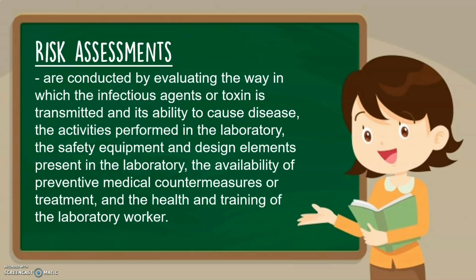Risk assessment are conducted by evaluating the way in which the infectious agents or toxin is transmitted and its ability to cause disease, the activities performed in the laboratory, the safety equipment and the design elements present in the laboratory, the availability of preventive medical countermeasures or treatment, and the health and training of the laboratory worker.